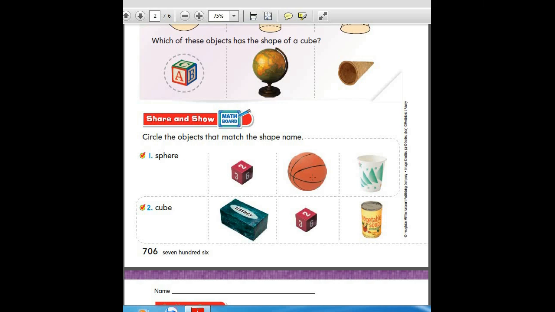Yes, sphere looks like a ball. Number 2, the cube. The cube looks like the back of tissue or the dice or the vegetable soup can. The cube looks like, yes, the dice.